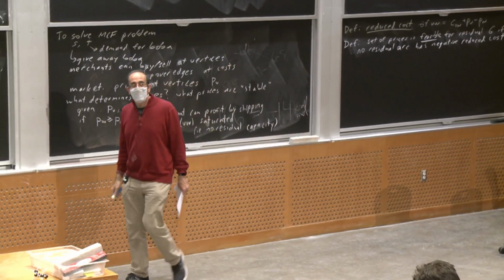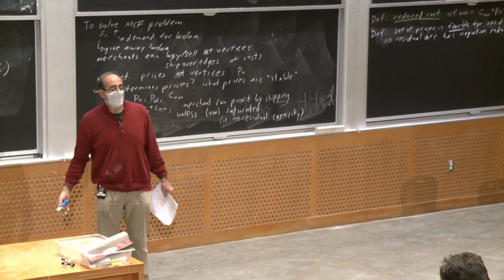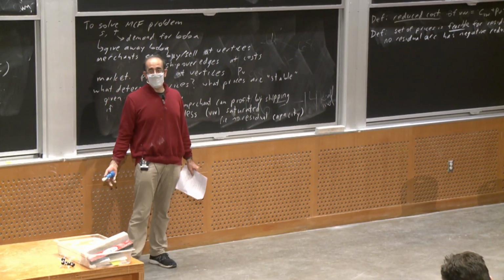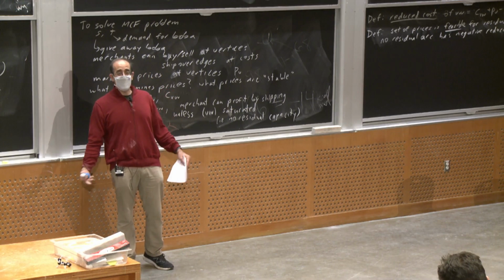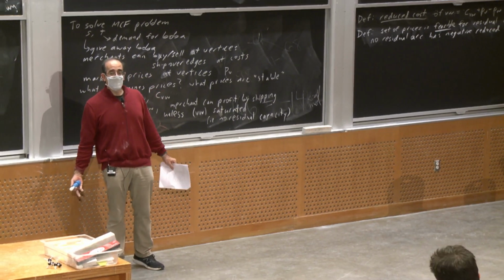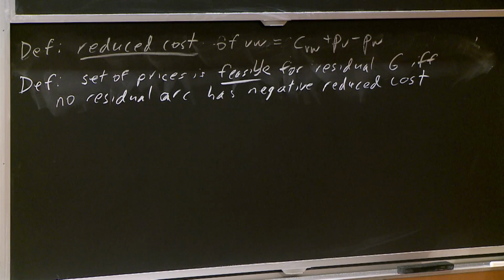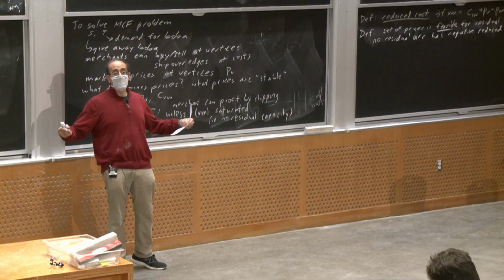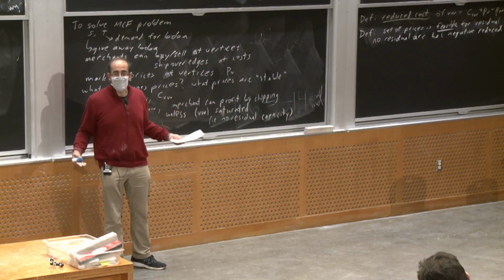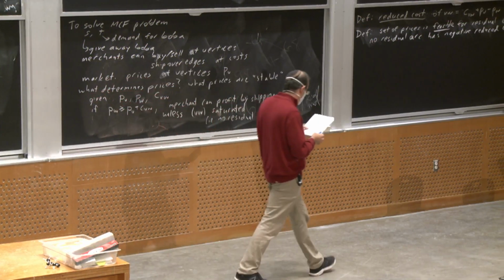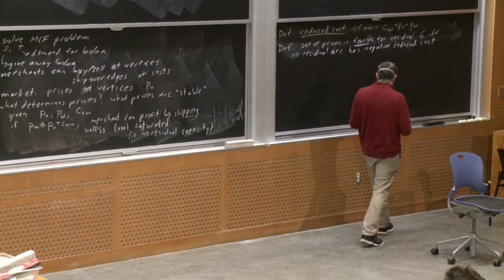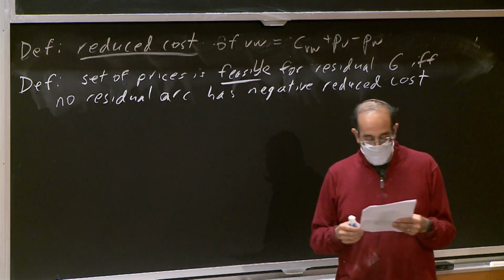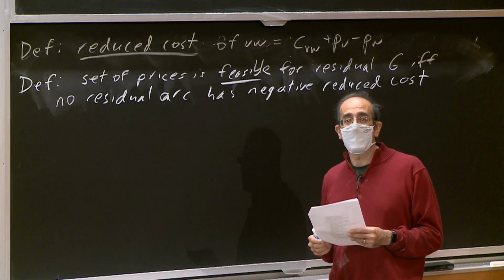Okay. If no residual arc has a negative reduced cost, then there is no incentive for any merchant on any edge to do any buying and selling beyond what's already happening, right? Presumably the residual graph that you have is a result of some activity, but having this feasible price function means that there is no additional activity. And so there will be no change to the prices that you are currently observing. So any questions about the definition?